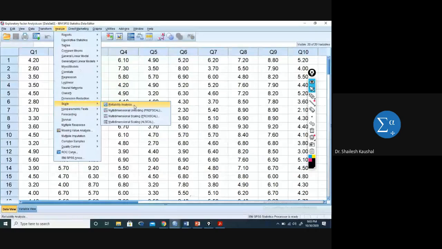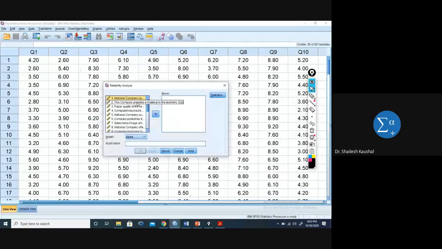If you are using 40 or 30 questions, and you know that 3 or 5 questions are in one component, then you can check the reliability of the overall scale and of each component of the scale.